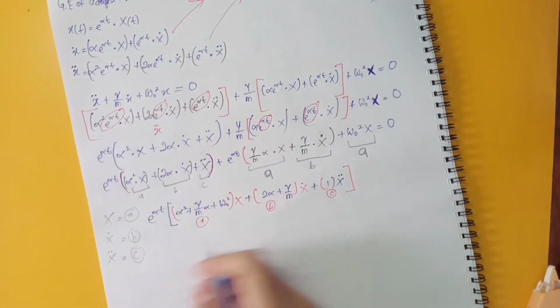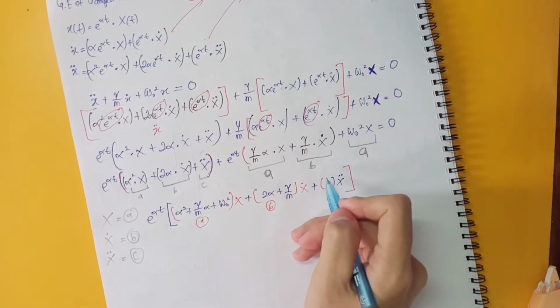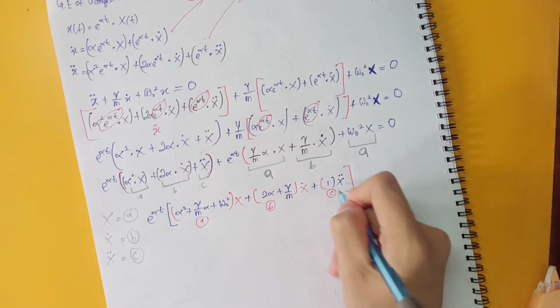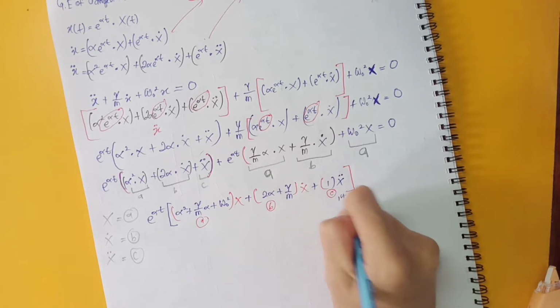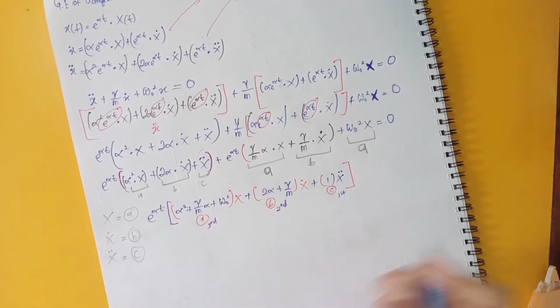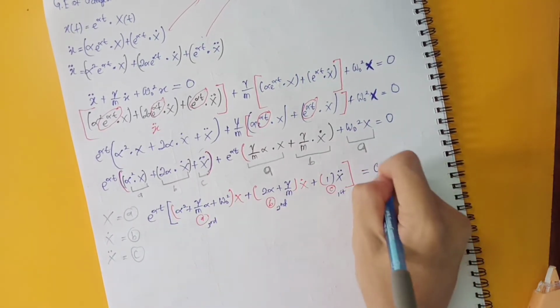So we finally get that. I want to do what we call the ascending order. It starts from the biggest, the biggest is x double dot. So this is in the first row, this is in the second, and this is the last one. So how do you get that equal to 0?